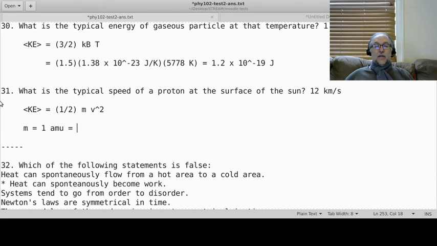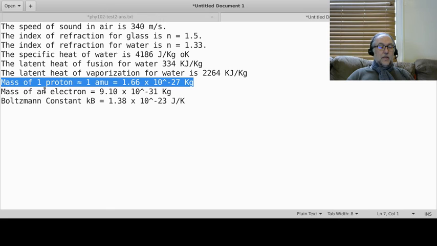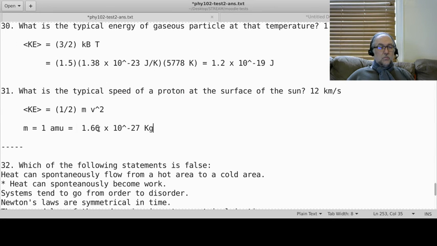Now, if you didn't know that, if you take a look here, 1 proton is 1 atomic mass unit, and it's equal to 1.66 times 10 to the minus 27 kilograms. So all you had to do was just look up the mass of a single proton, and I guess that's probably why I chose a proton. I just said, let's just do a proton, so that you just use the number 1.66 times 10 to the minus 27 directly.